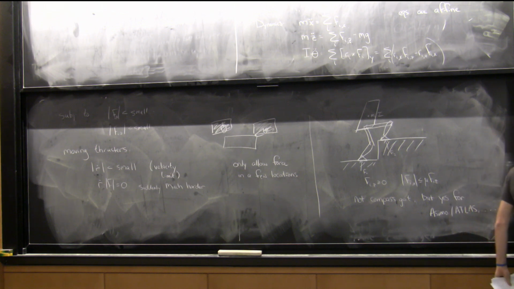Because the coordinate that you're trying to control then is now the center of mass, X_COM. It is a function of my current joint configurations, a potentially complicated one.